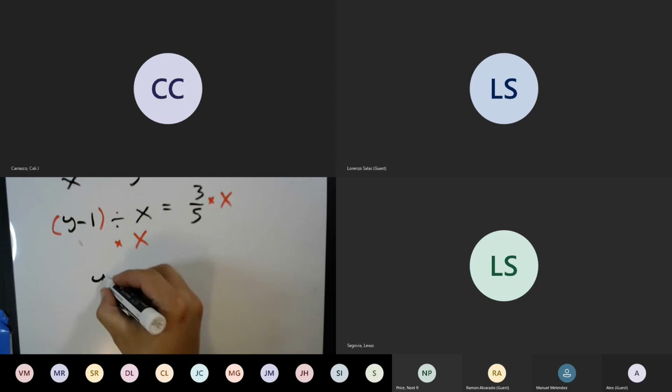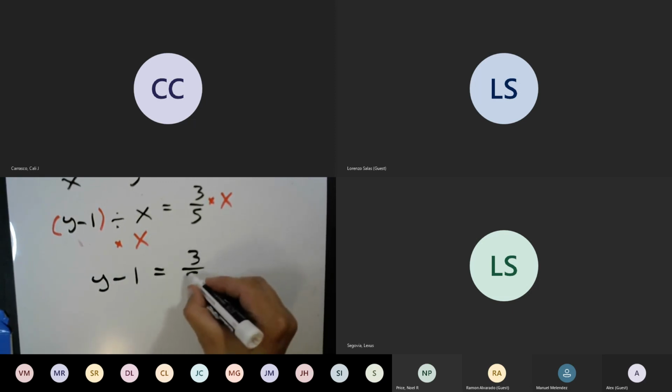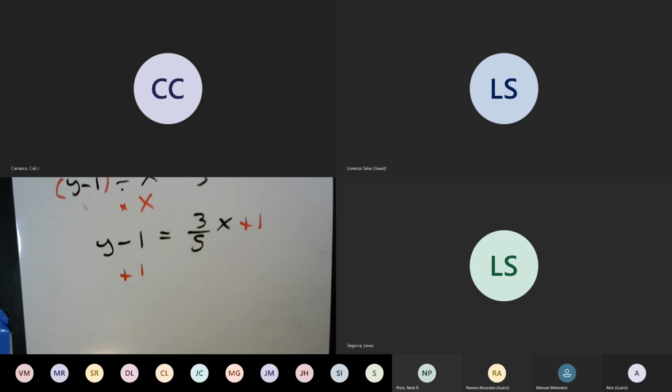So that'll leave us with y minus 1 is 3/5 x. And we can add 1 to both sides. We'll get y equals 3/5 x plus 1.